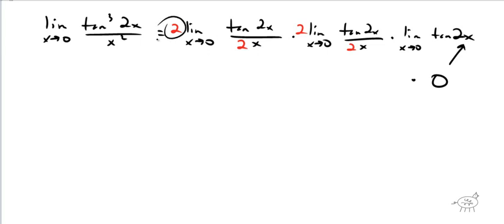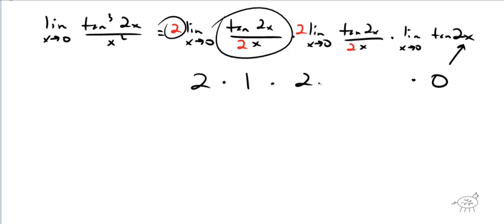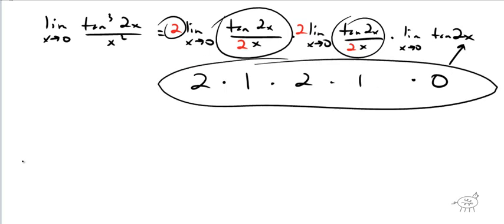Okay. So this is 2 times 1, right? This is 1 times 2 times 1 times 0. Well, of course, if I multiply all that out, what do I get? 0. Okay, you're like, what? All that work? But sometimes you've got to do all that work just to get a 0. It's okay.